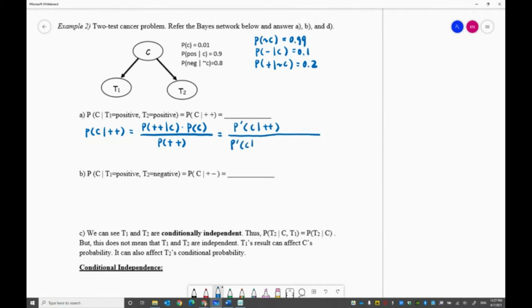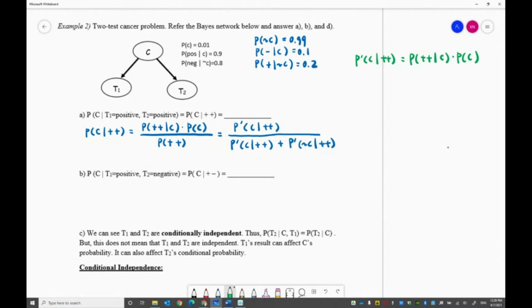So prime C given positive and positive plus prime not C given positive and positive. This means I just need to calculate prime C given positive, which is the probability of the flip, positive given C, times the probability of C. I know probability of C, but I do not know probability of positive given C.